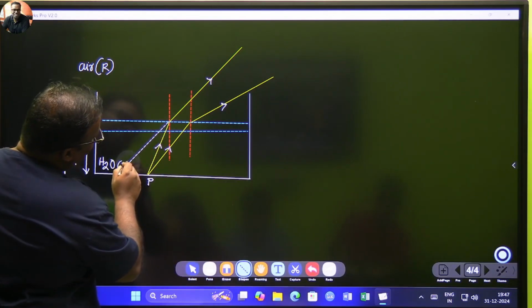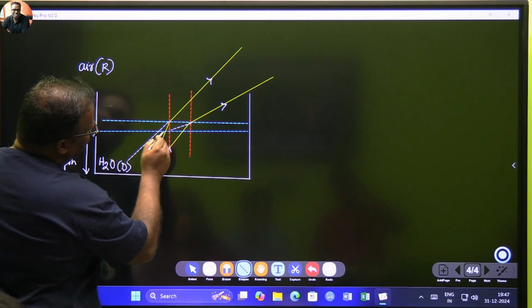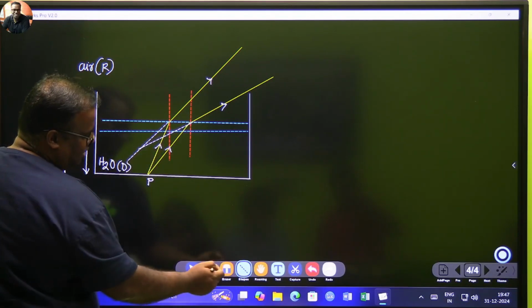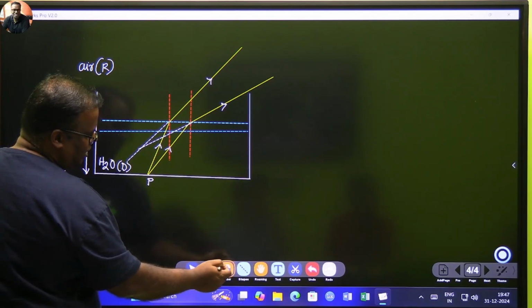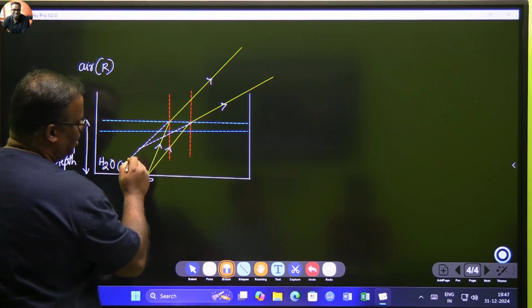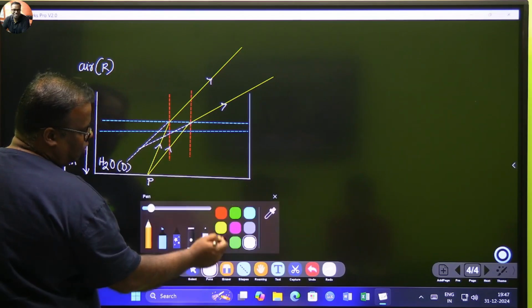So we extrapolate them backwards. Are we fine? Right. And we get a point of intersection. Okay, this is my point of intersection.